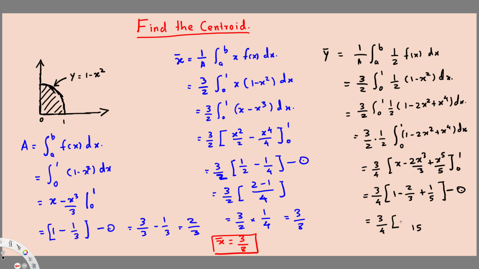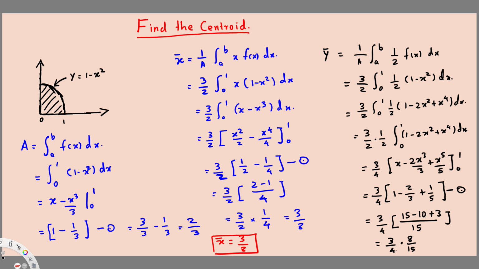If you take 15 as the common denominator, this is going to be 15, and this is going to be times 5, so that's 10. This is going to be times 3, that's 3. Let's simplify this one. 3 divided by 4, 15 minus 10 is 5, 5 plus 3 is 8, so times 8 divided by 15.